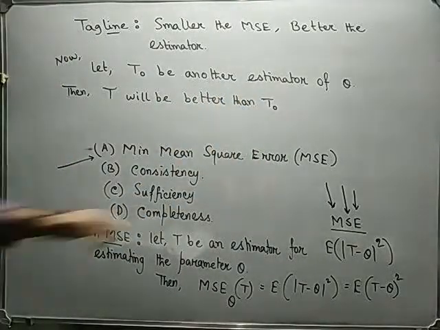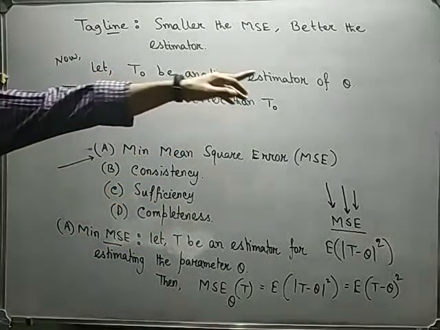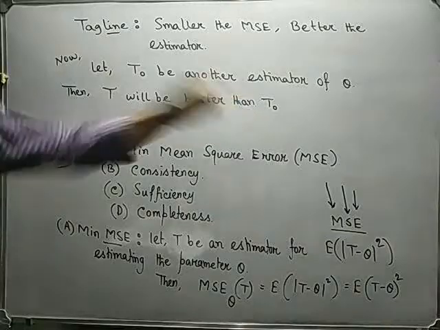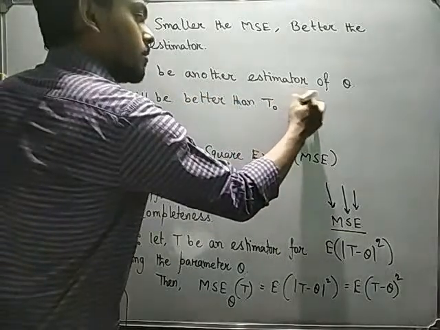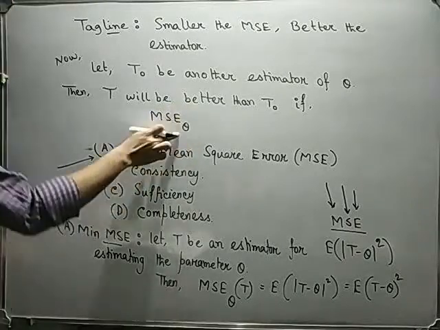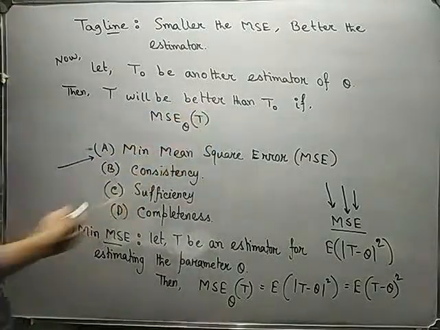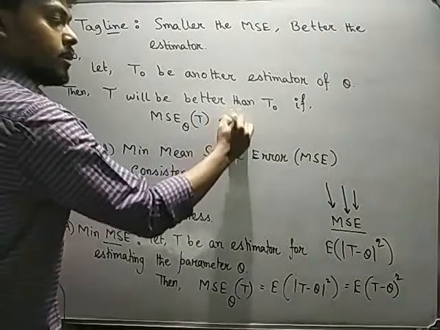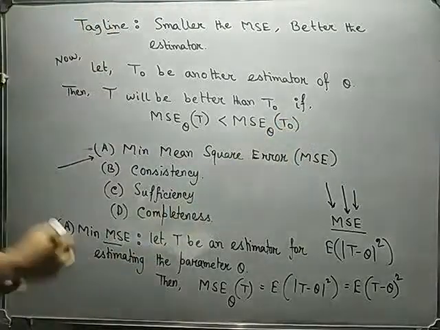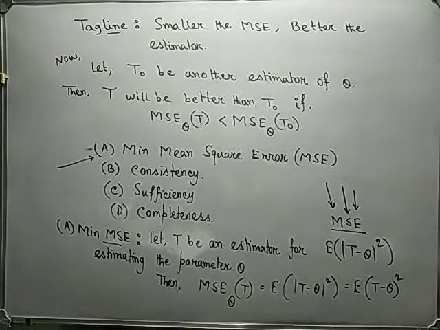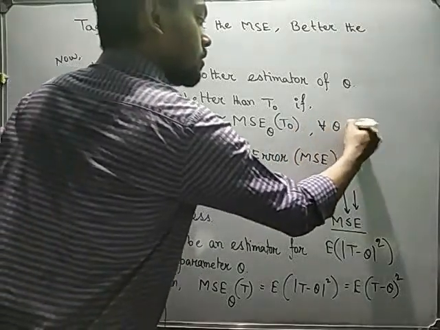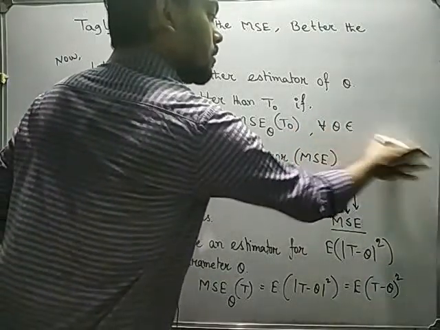As capital T and capital T naught both are estimating the value theta, capital T will be a better estimator than capital T naught if the MSE in estimating theta of capital T is less than that of T naught. Okay, and this is true for all theta belongs to omega.